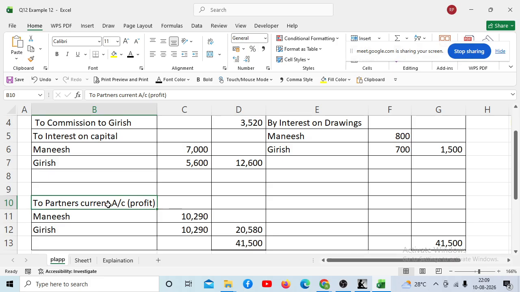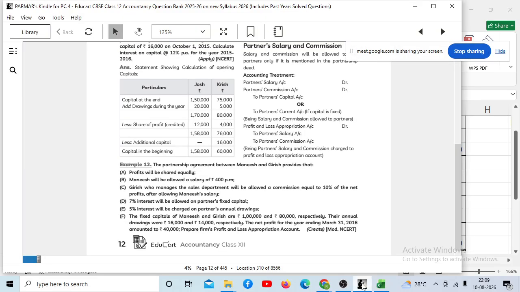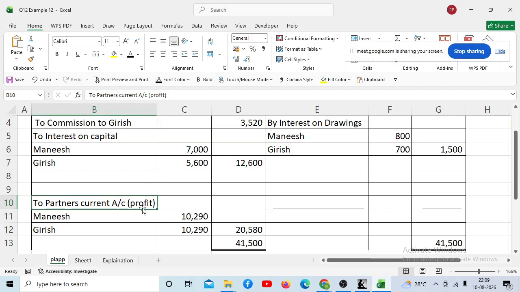If any capital is introduced, he will write. If any capital is withdrawn, he will write. Everything else, interest on capital, interest on drawings, salary, commission, will be handled by the secretary, that is the current account. So here he is telling that the partners' capital is fixed. Fixed means now he has a secretary, so the additional work will be done by the secretary, that is the partners' current account.